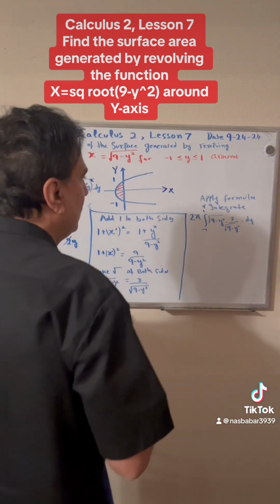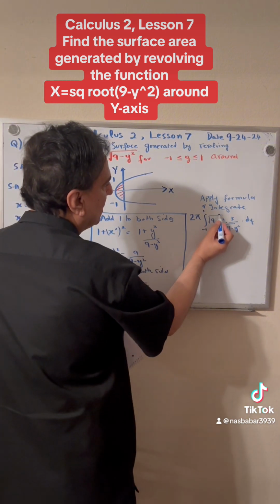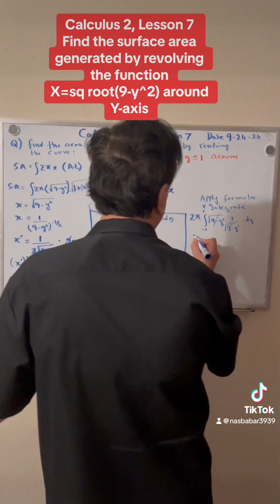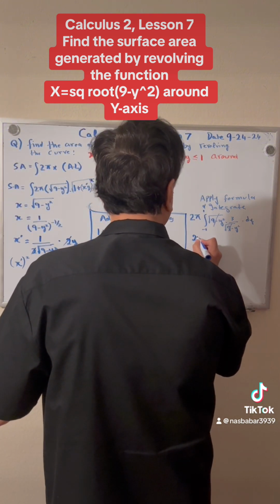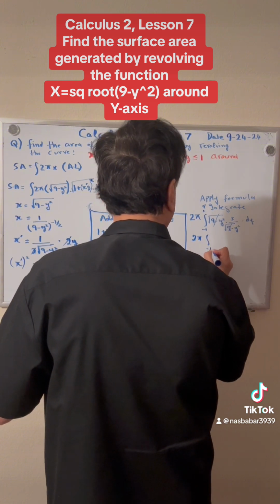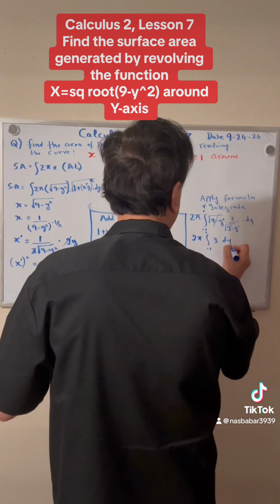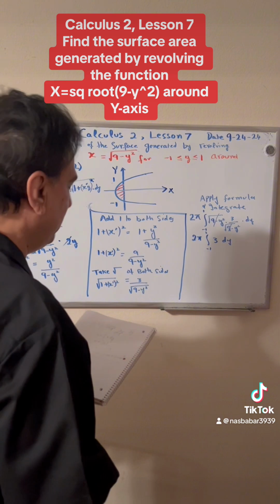All right. So we can cancel this expression with this expression right here because they are the same. Then we are left with 2 pi, from -1 to 1, 3 dy. Now the problem is really, really simple.